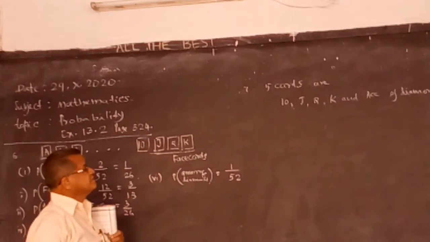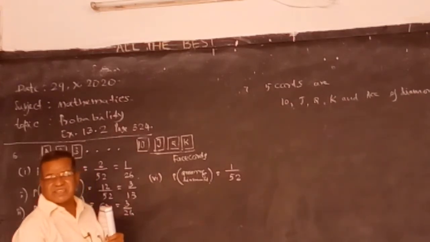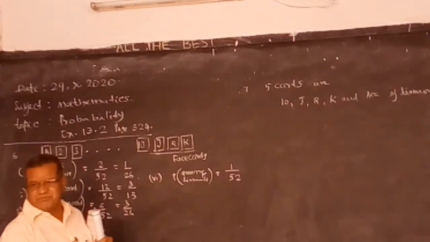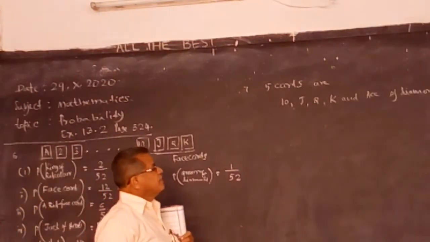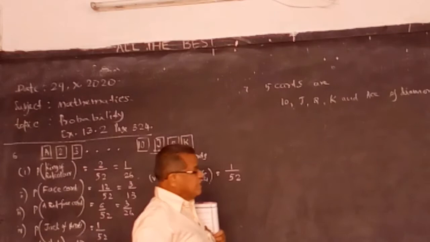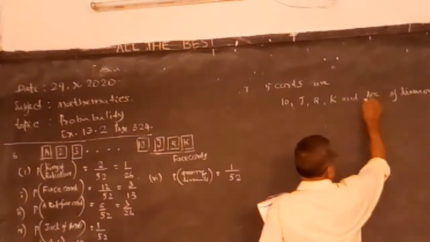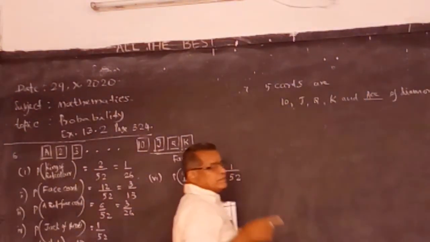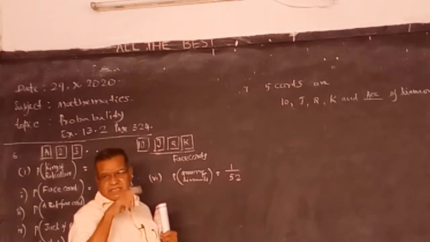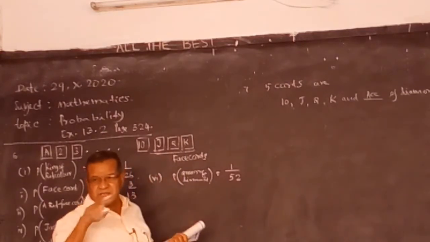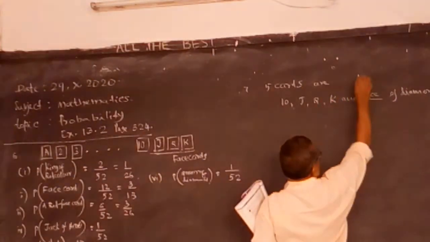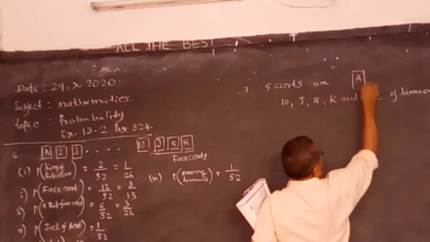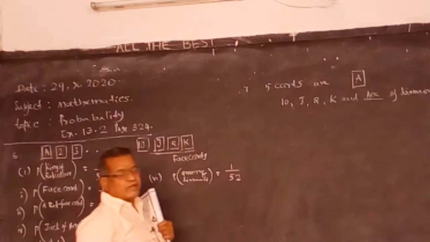Now in this question 7, 5 cards are taken from diamonds. What are the 5 cards? 10, jockey, queen, king, and ace. The first card is A, second is 2, but there is no 1. In place of 1, they write only A. That is taken as 1.